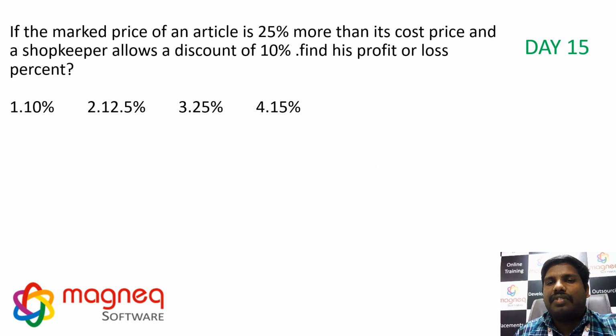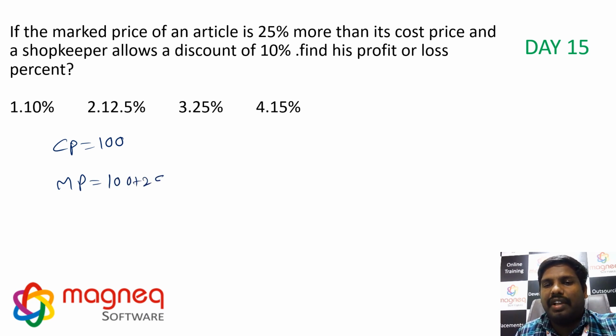If the market price of an article is 25% more than the cost price and a shopkeeper allows a discount of 10 percentage, find his profit or loss percentage. So for example, cost price equals 100. The market price is 25% more, so 100 plus 25, 125. And the shopkeeper allows a discount of 10 percentage.